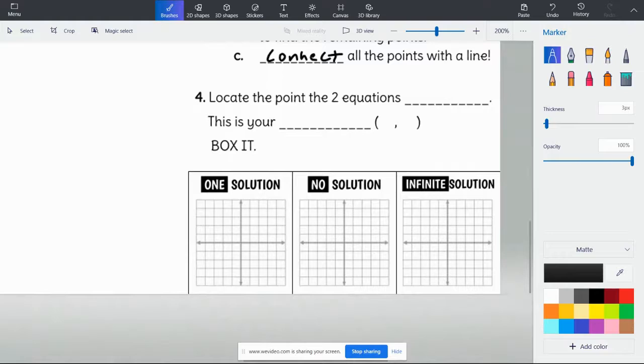Then step 4, you're going to locate the point that the two equations intersect. Okay, that's your solution. Solution, not solation.